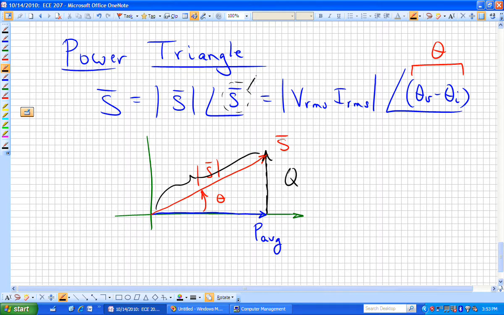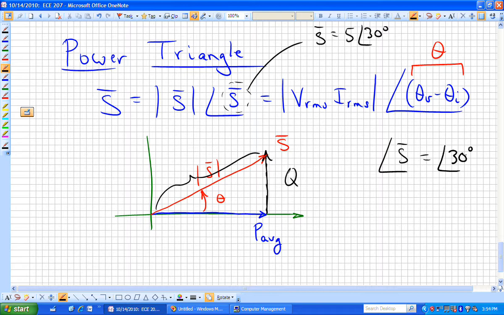So that's notation. This means if I had S bar of 5 at an angle of 30 degrees, then if I say the angle of S bar, I'm saying that's this angle, 30 degrees. Does that make sense? I'm just using a shorthand notation.